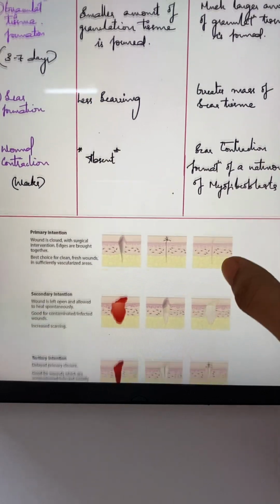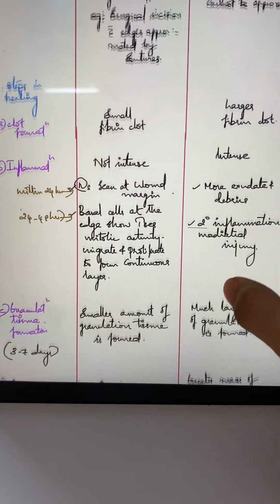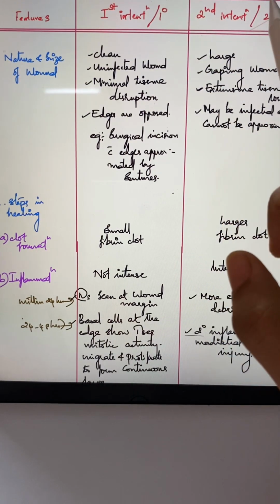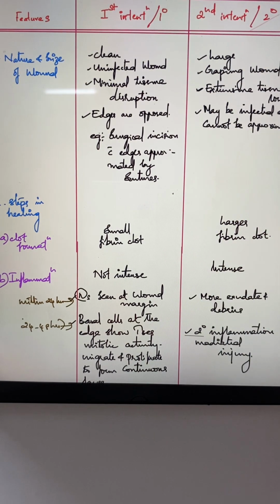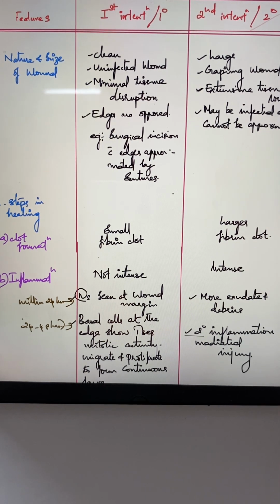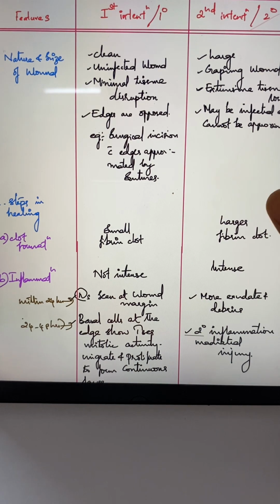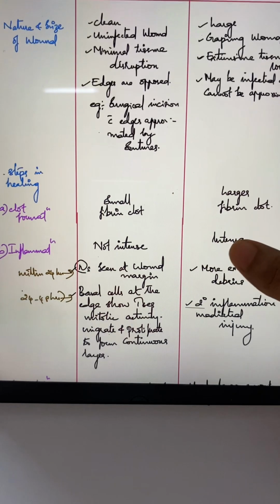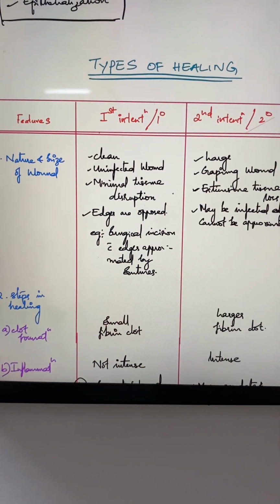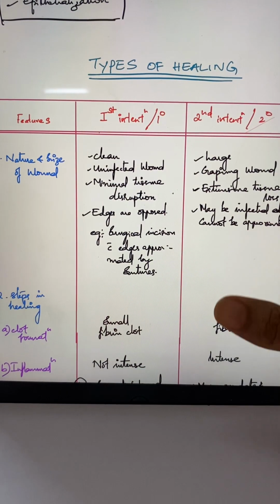So such type is the primary intention. Whereas in the case of the secondary intention, the wound gap is so large, extensive tissue loss has happened, so this may be infected. Sometimes the edges are infected and cannot be approximated. So now you will understand the difference by seeing how the wound would be, primary and secondary.